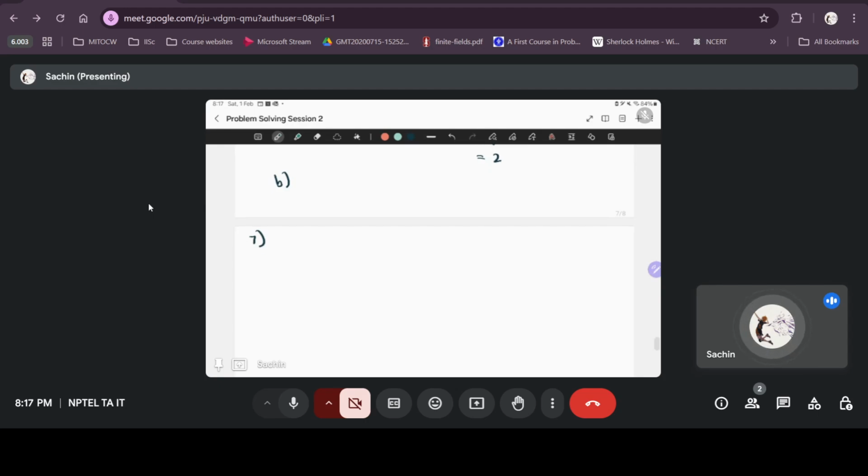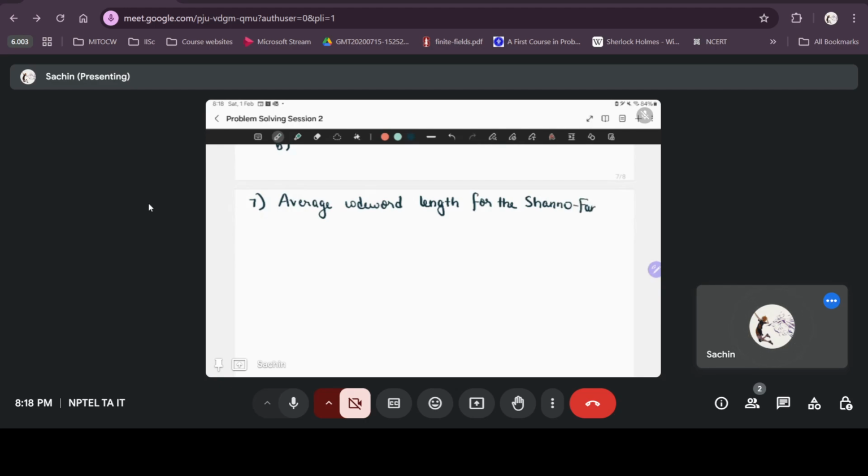Anyway, question 7 is, what is the average code word length for the Shannon-Fano code designed in question 6?